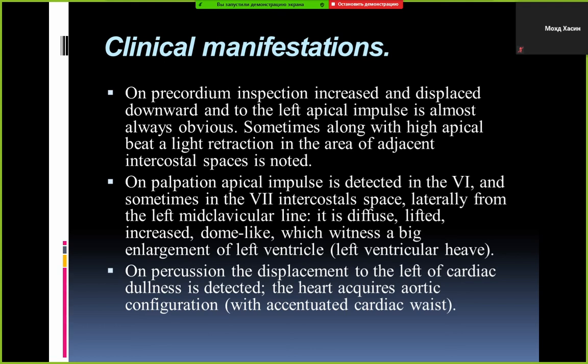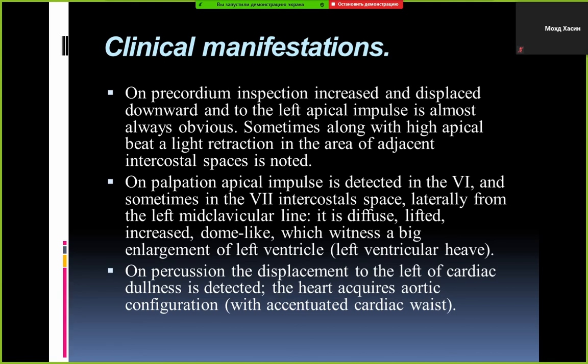On palpation, the apex beat is detected in the 6th, sometimes even the 7th intercostal space, laterally from the left midclavicular line. It will be diffuse, lifted, increased, dome-like, which witnesses a big enlargement of the left ventricle. So these are the symptoms of left ventricle hypertrophy, and in this case, the apex beat is called left ventricle heave.